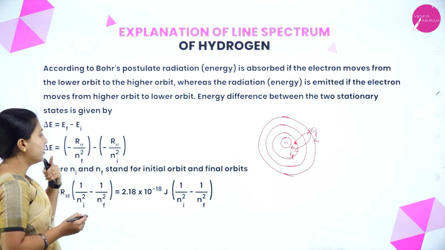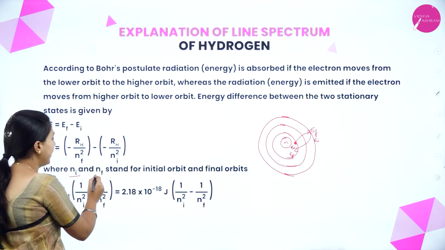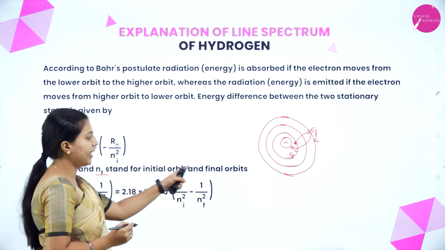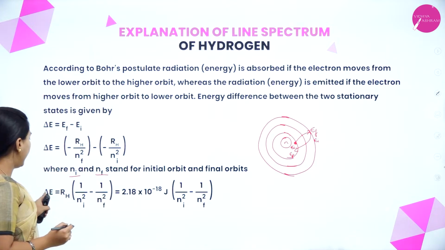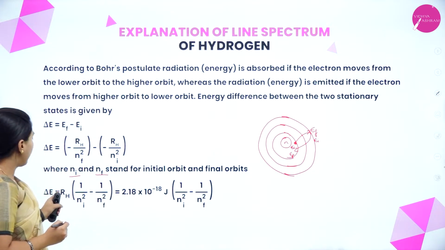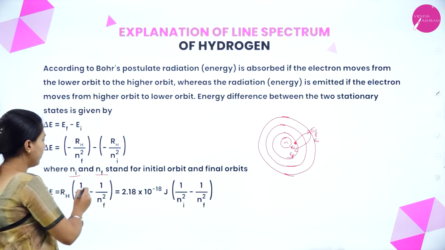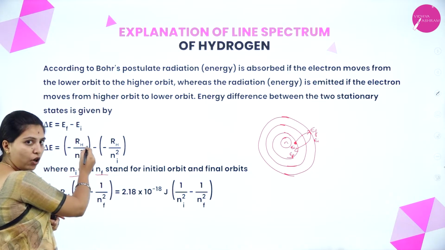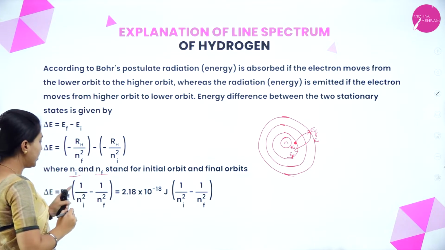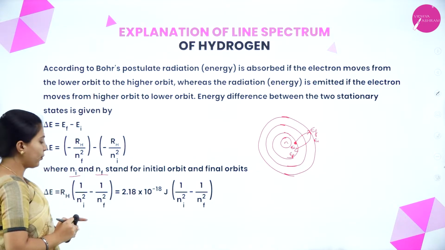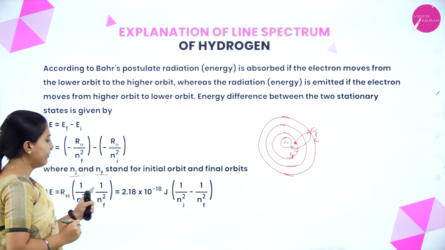Ni and Nf stand for the initial orbit and final orbit, and here RH is taken common outside, so delta E equals RH times 1 by Ni square minus 1 by Nf square.